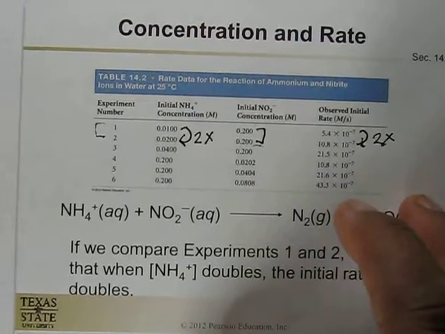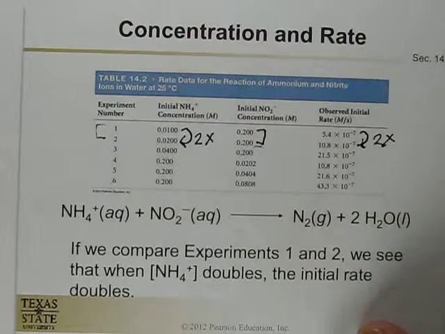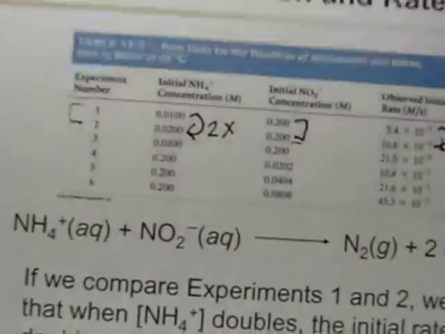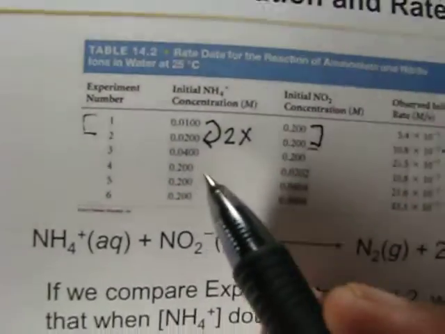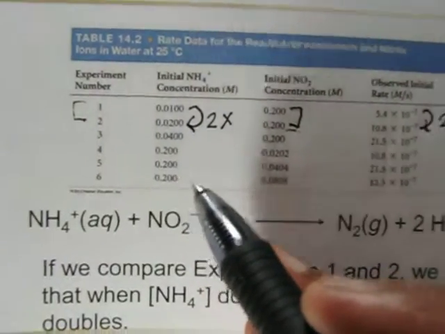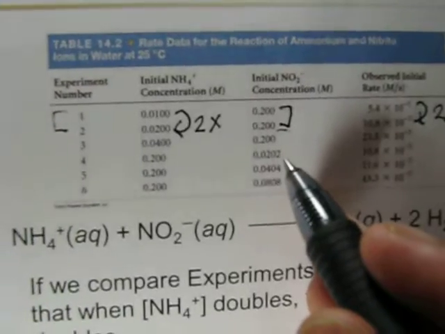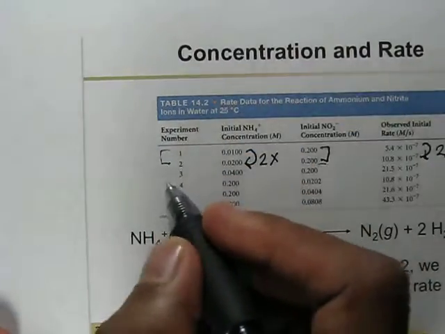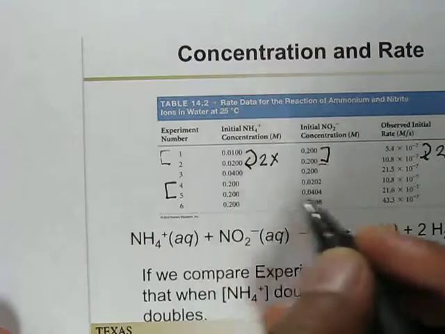Let's see another example where we keep the ammonium ion concentration constant. It is constant in the last 3 experiments, and here they are increasing the concentration of nitrate ion. So let's consider experiment number 4 and 5.